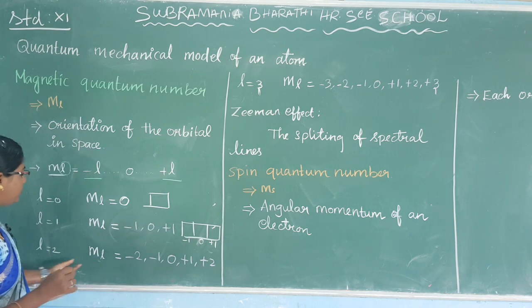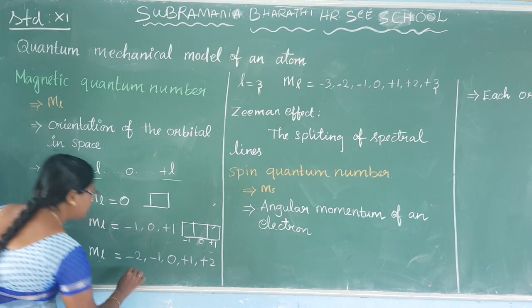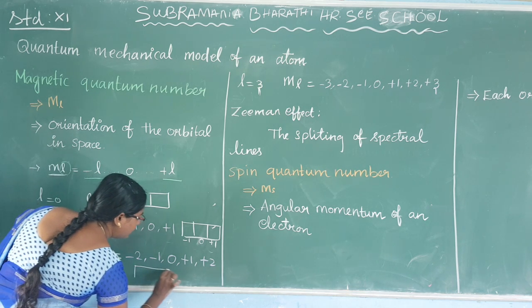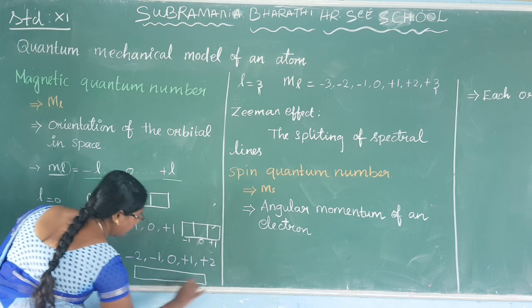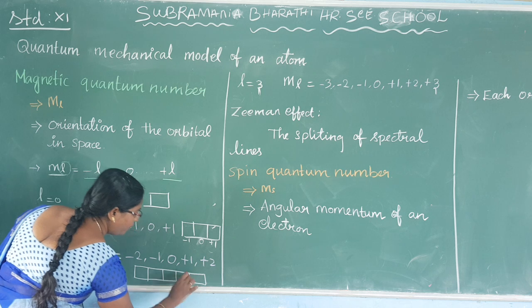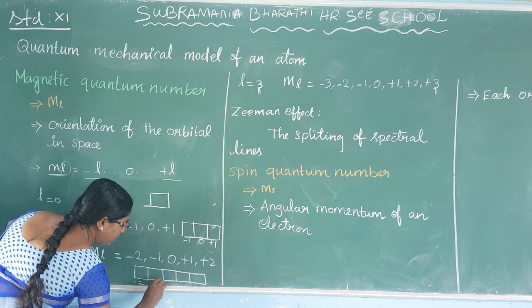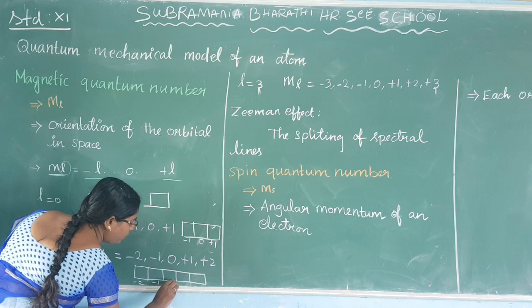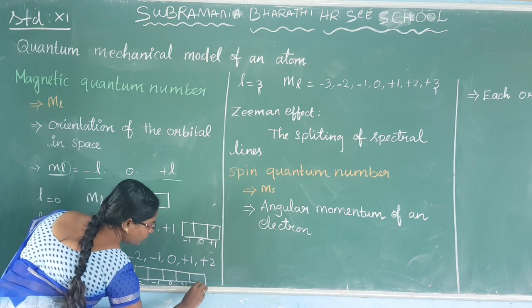If l is equal to 2, we have 5 values. This indicates the d orbital. If I draw the degeneracy set, I will have 5 sets, 1, 2, 3, 4 and 5. The values will be minus 2, minus 1, 0, plus 1, plus 2.